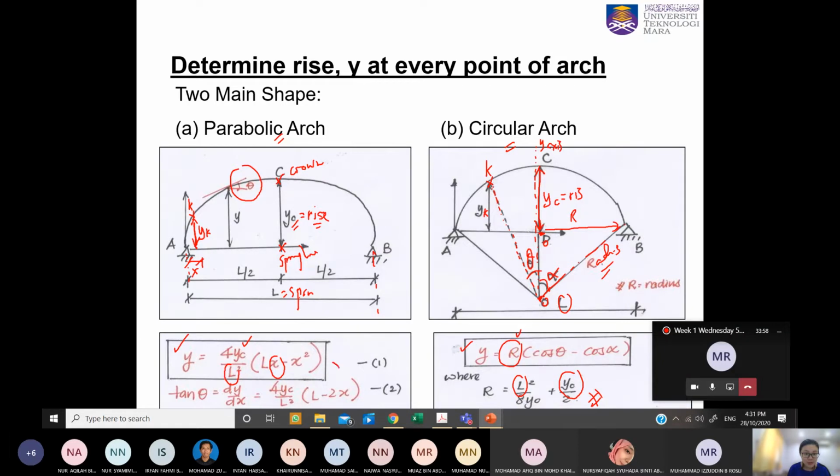Equation 1 you have to differentiate and it becomes equation 2. So you just need to remember equation 1, and you can make the derivation if you have the knowledge on that.